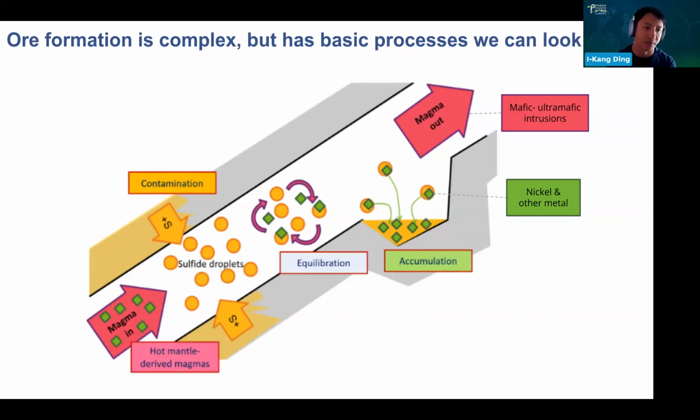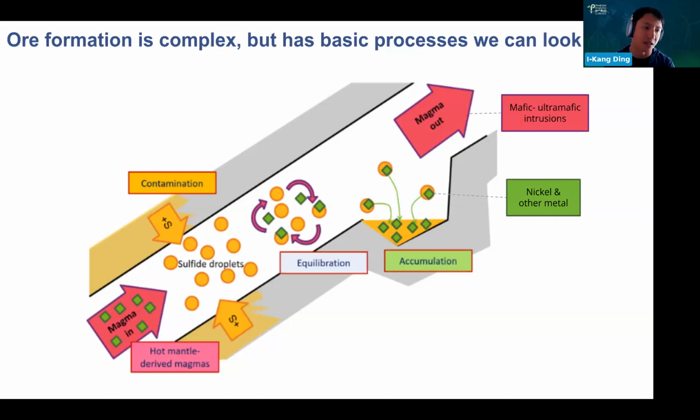In this ore system, the ore bodies form when magma comes through some conduit of the earth. This magma is mafic and ultramafic in nature, high in magnesium and high in transition metals. In Earth's crust, it can interact with sources of sulfur, usually in sedimentary rocks.